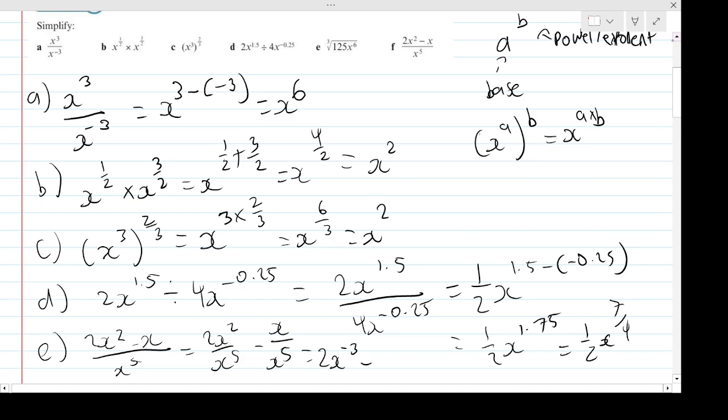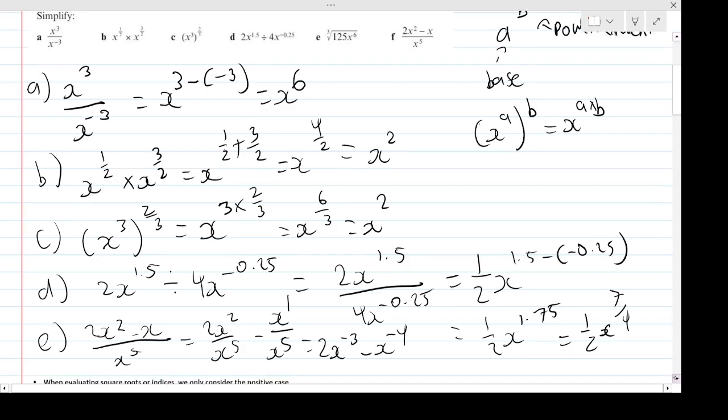And then for the second bit, minus x over x to the 5. Well, you could recognise we're just cancelling an x, but what actually is going on is, remember, the hidden power of 1 on the top. So it's on its own, just x, and there's a hidden power of 1. And that means we can do 1 subtract 5 to get x to the minus 4. And actually, the question would be fine if you leave it in that form. So we simplified it.